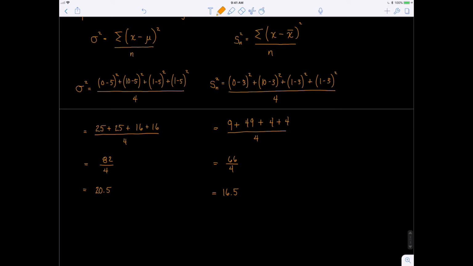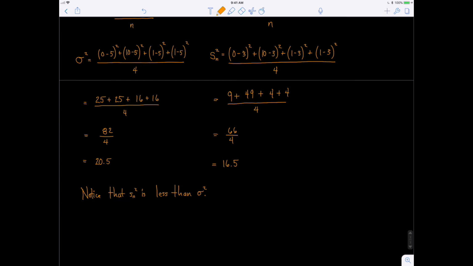What is significant about that is, notice this. Notice that Sn squared is less than sigma squared. And it's a long and lengthy mathematical proof, but what you can actually prove is this is always the case.